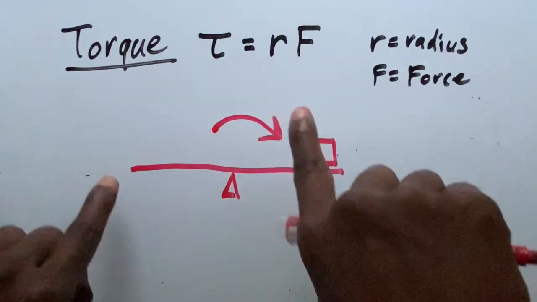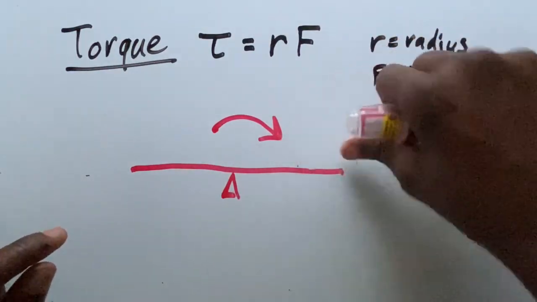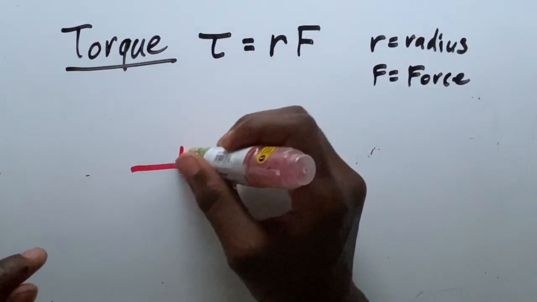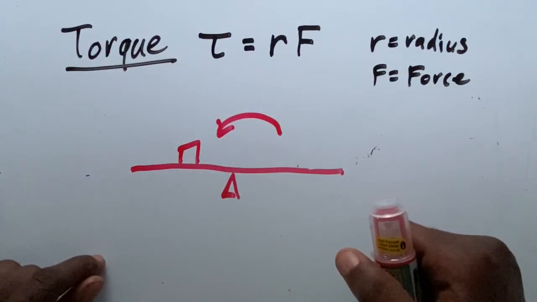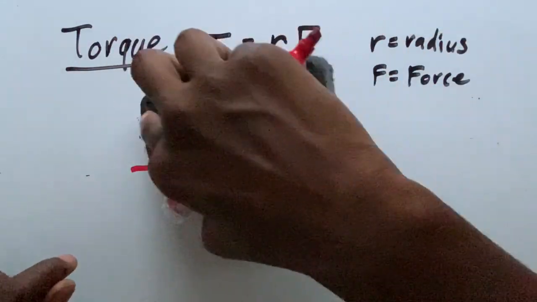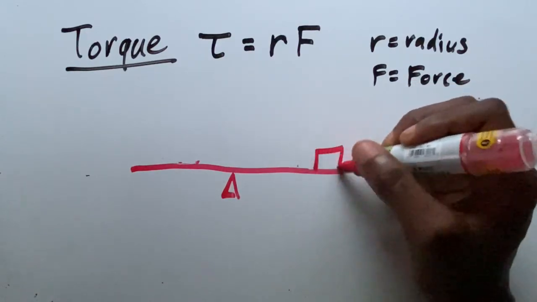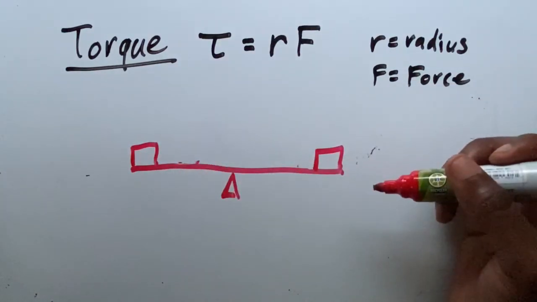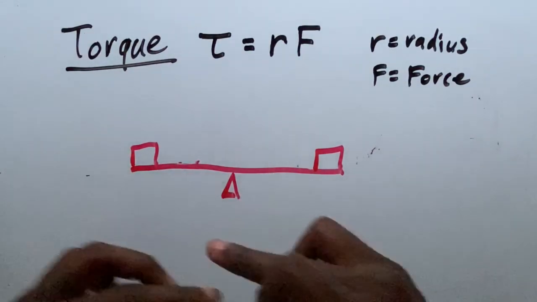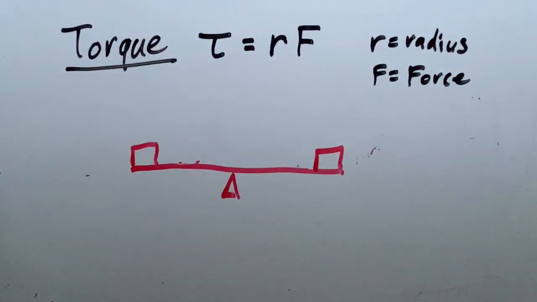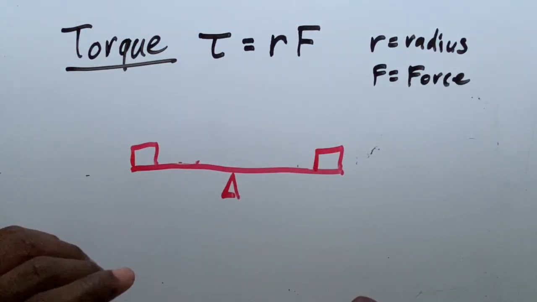And that's the torque that we're talking about. Similarly, if I were to put the block over here, then it would want to fall in that direction. So now, if I take two blocks of the same mass and put them here and here, then what would happen? Well, nothing, right? Because the seesaw would balance itself out.